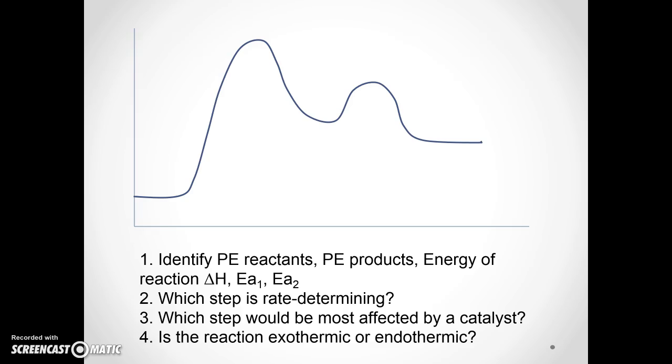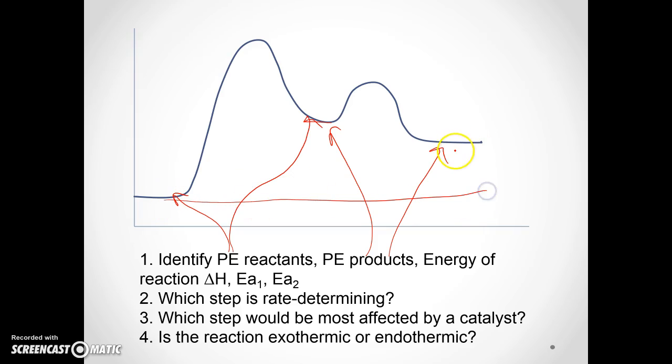So I'm going to take my pen and I'm going to draw arrows to the parts of the graph you have to worry about. The potential energy of reactants for step 1 is here. The potential energy of the reactants for step 2 is right here. The potential energy of the products: here's an intermediate product, and here's our final product. The energy of reaction, the delta H overall, the entire delta H is from this line to this line.